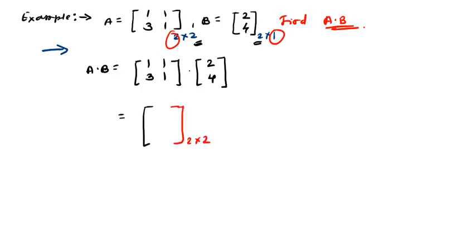So this will be a matrix like this of order 2 by 1. Now for this first entry, what will we do? First row, first column. So this will be 1 into 2 plus 1 into 4. Then there is no second column here, so we stop there.